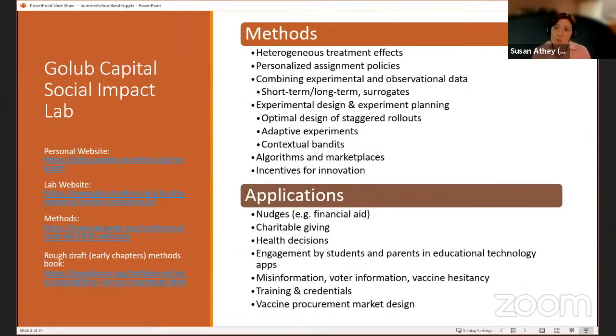And so if the economist isn't part of the engineering team, working on how to set things up to do good experiments, we will really miss out on a lot of opportunities.